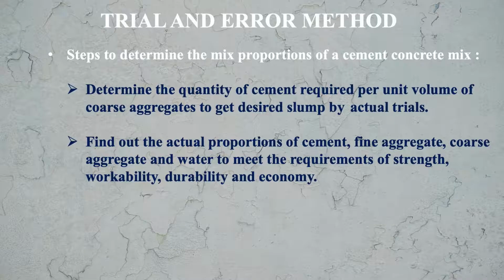Next step is to find out the actual proportions of cement, fine aggregate, coarse aggregate and water to meet the requirement of strength, workability, durability and economy. So keeping these factors, we will be finding out the actual proportions of the different ingredients of the concrete, and these ingredients, as you know, are cement, fine aggregate, coarse aggregate and water.